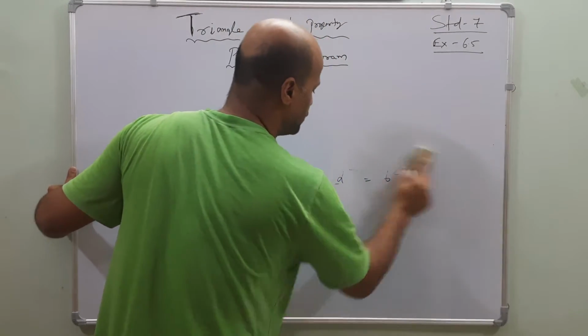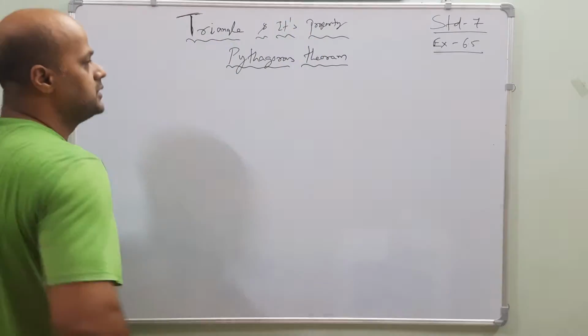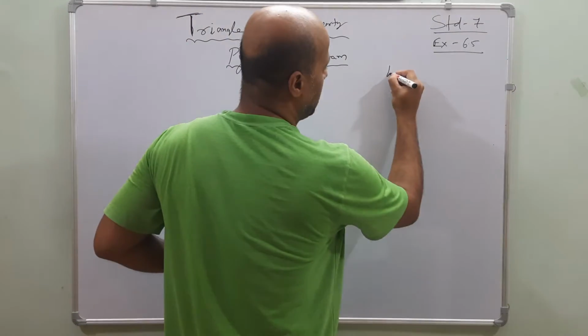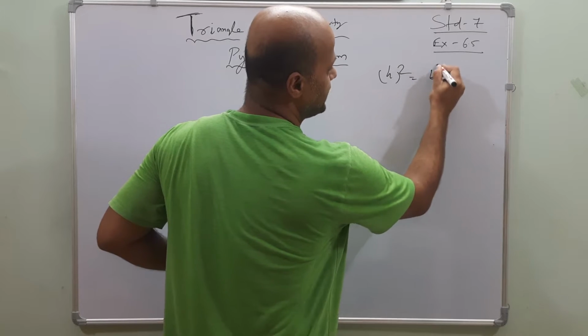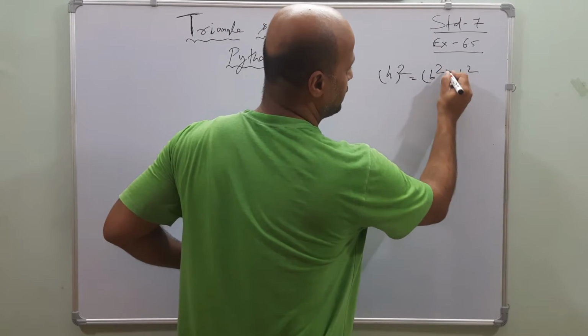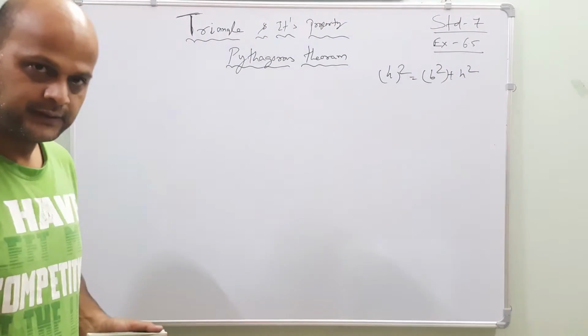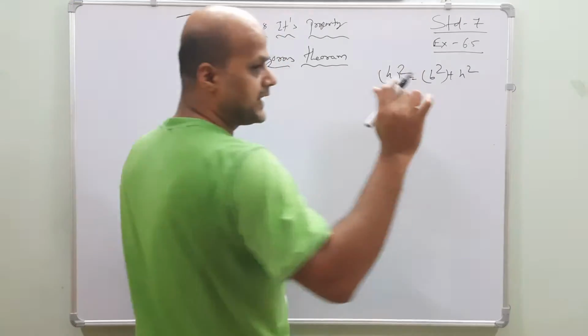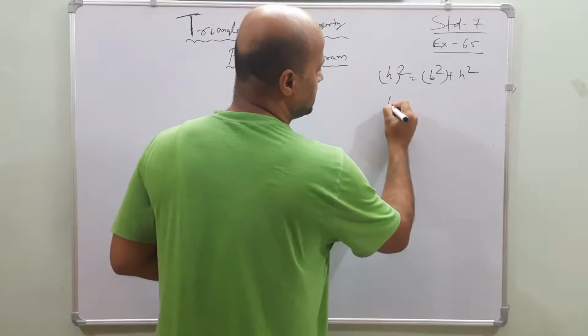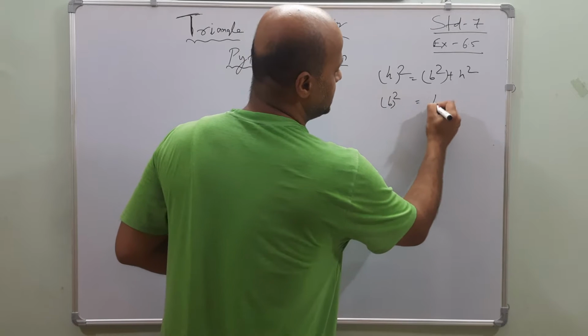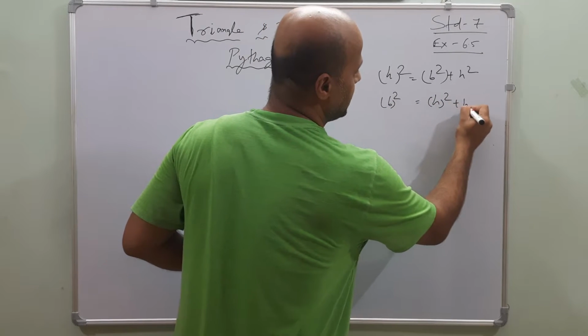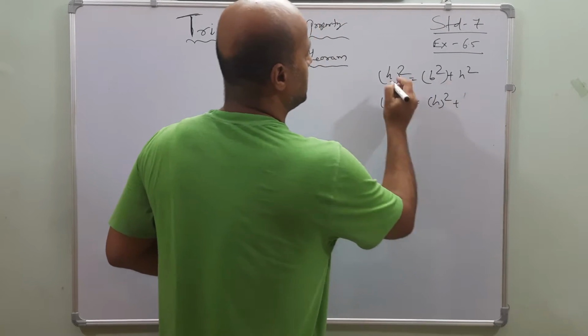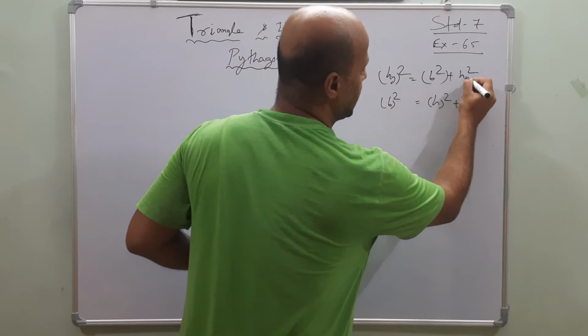Always, my dear friends, I told you, remember the theorem. What is the theorem? Hypotenuse square is equal to base square plus height square. We have to write it like this. From this formula, another two formulas are coming. If base is asked, hypotenuse and height are given.